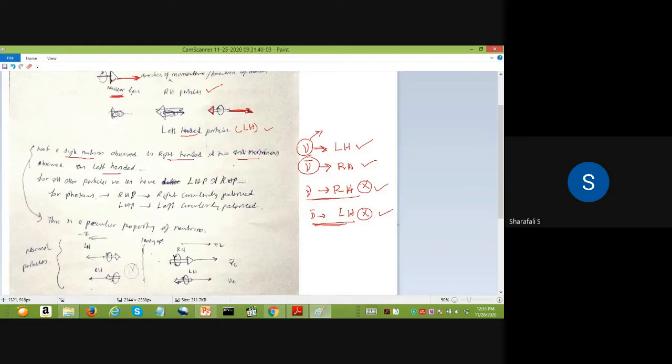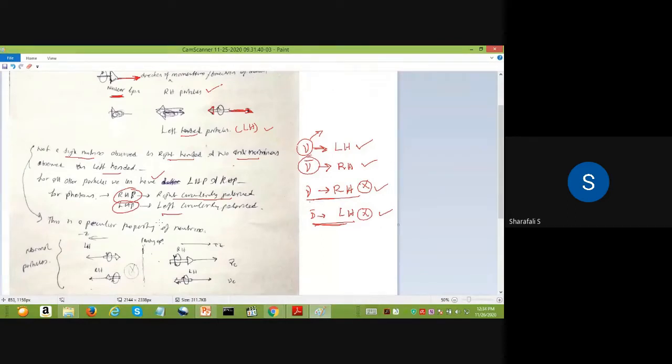Okay. So in the case of photons also, there are left-handed and right-handed particles. If you consider right circularly polarized photons, they are right-handed particles. If you consider the left circularly polarized case, then they are left-handed particles. So photons are also in this category, right-handed and left-handed particles.